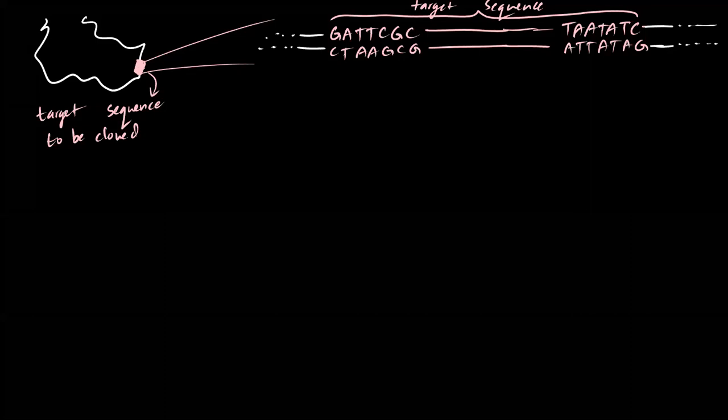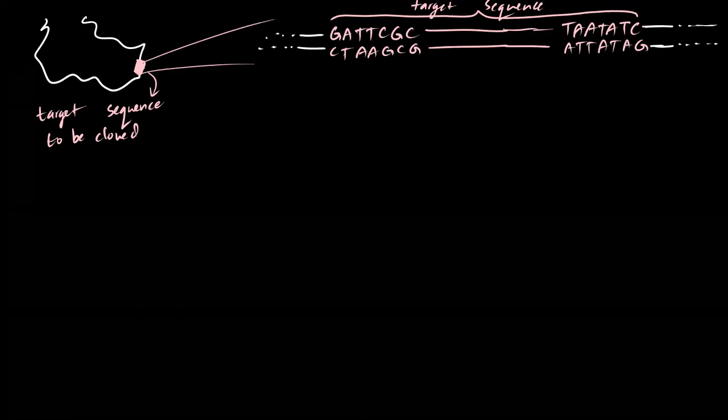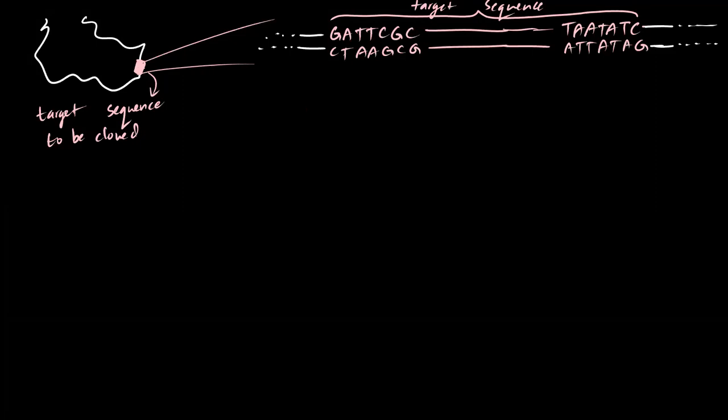I want to make more copies of it using PCR, and then I want to clone. Now we have to use two primers, and both primers should do two functions.